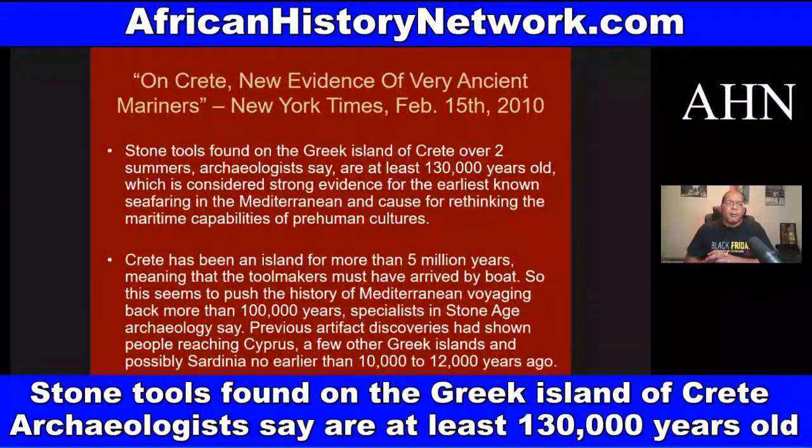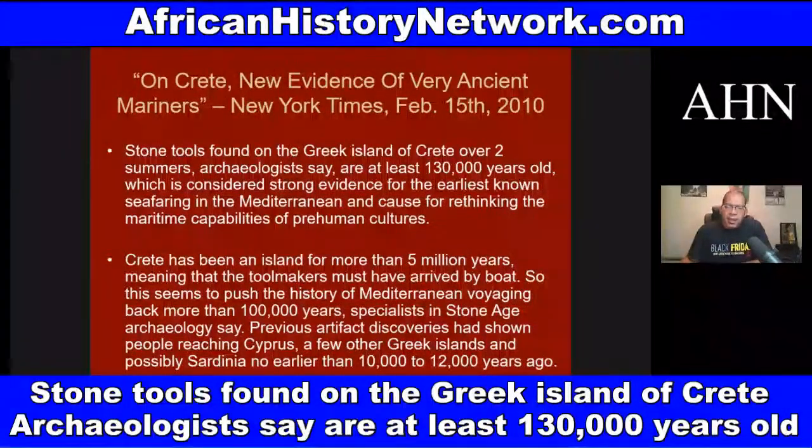Stone tools found on the Greek island of Crete are, archaeologists say, at least 130,000 years old, which is considered strong evidence for the earliest known seafaring in the Mediterranean and calls for rethinking the maritime capabilities of pre-human cultures.